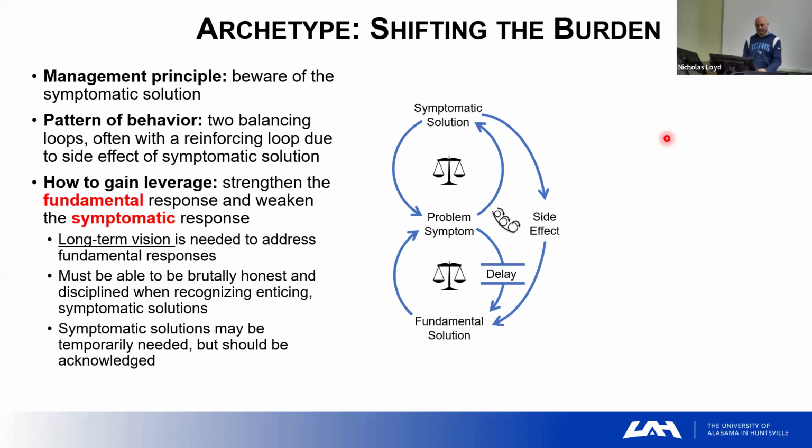One is a fundamental solution, which is a longer-term root cause fix, but it takes longer. And if I don't focus on the fundamental solution and I only focus on the symptomatic solution, very often I get addicted to that symptomatic solution, which creates a reinforcing loop of me needing to do that symptomatic solution more.